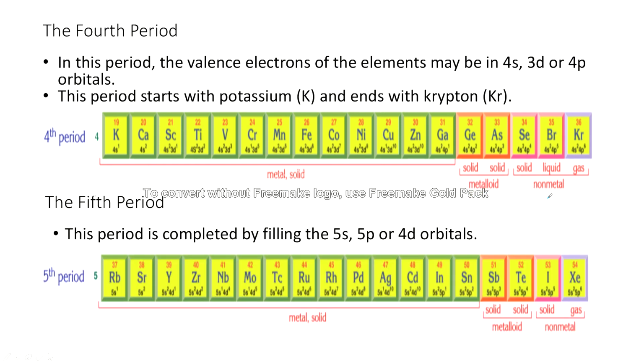The 5th period has 5s, 5p, and 4d orbitals. We can have a look here: we have the 5s orbital and the 4d orbitals.